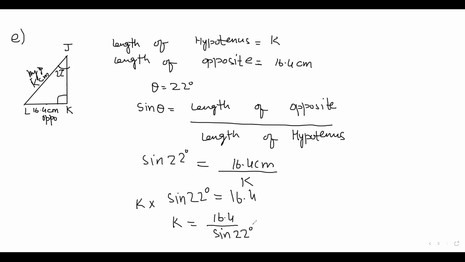Now I will solve the question using the calculator. 16.4 divided by sine 22. The answer is 43.78 centimeters. So the length of hypotenuse is 43.78 cm here.